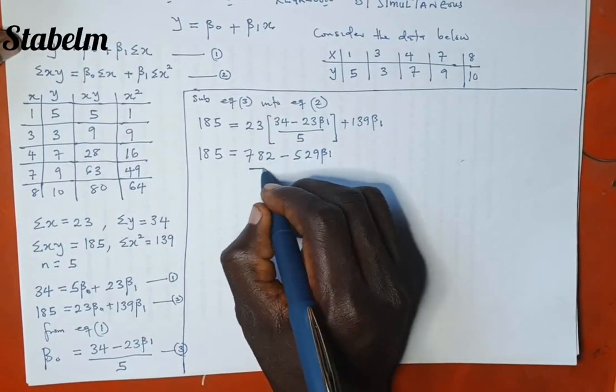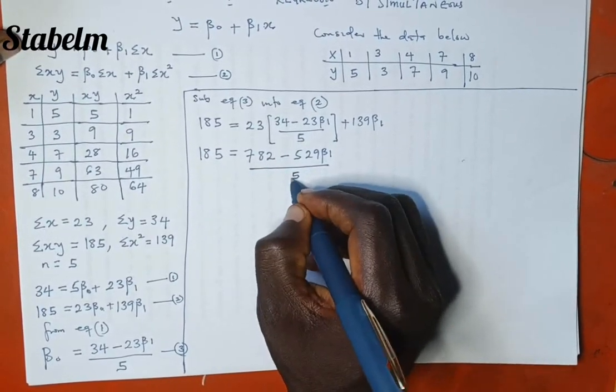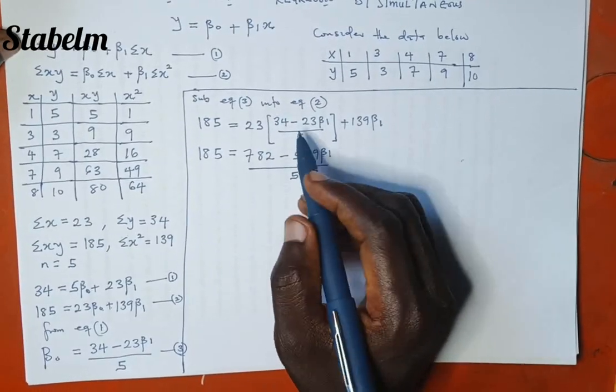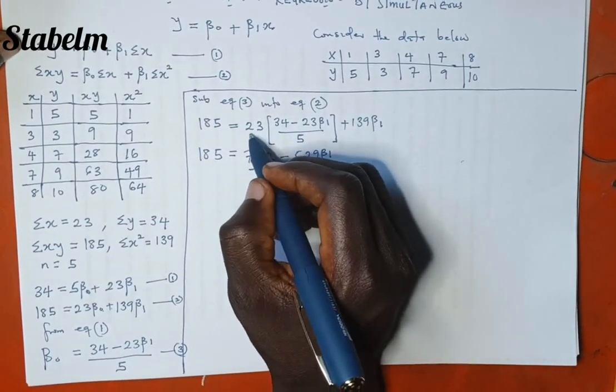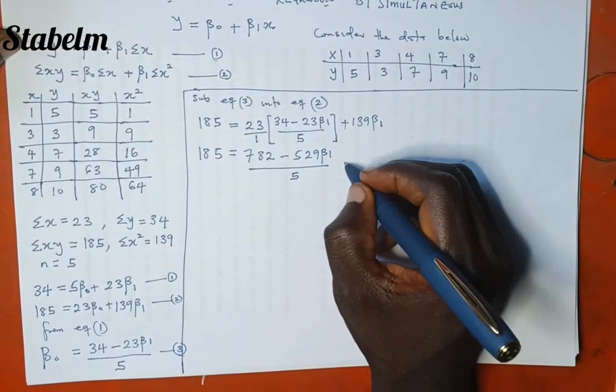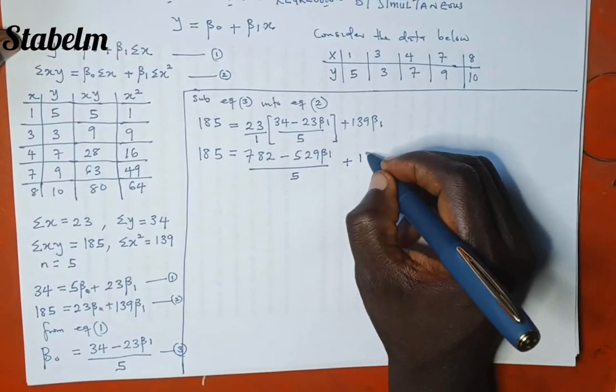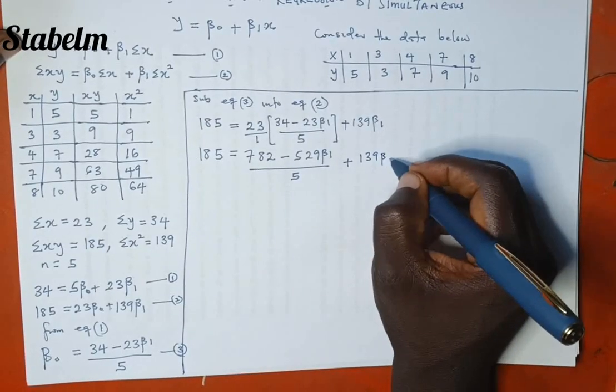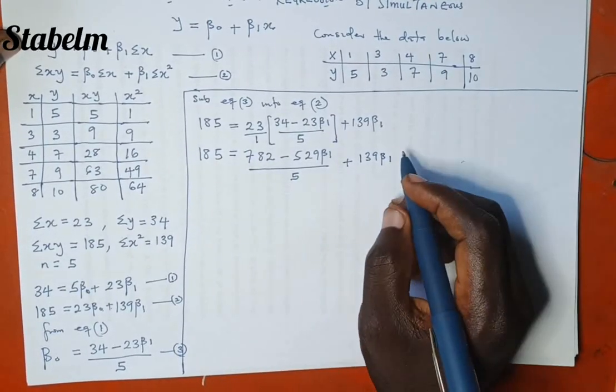Still, we have it divided by 5. You cannot multiply 23 by 5 because the denominator here is 1, so 1 multiplied by 5 will give you 5. Then we have plus 139 beta 1.